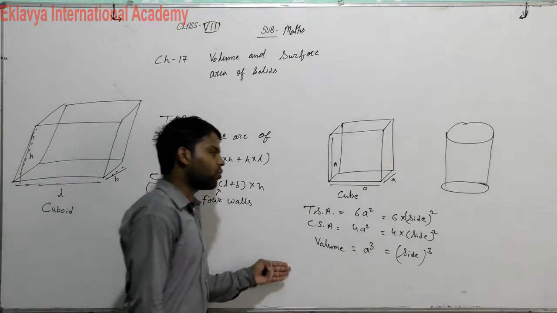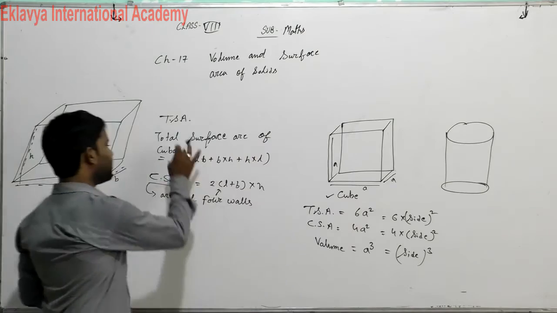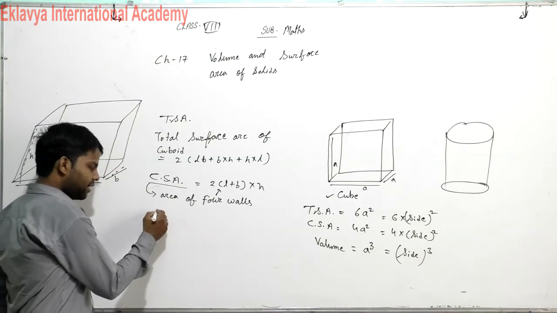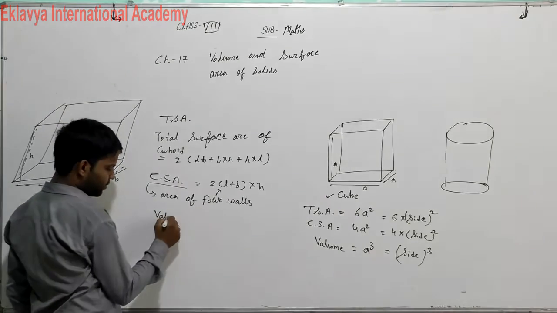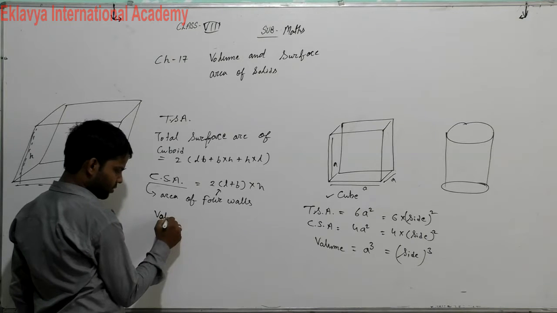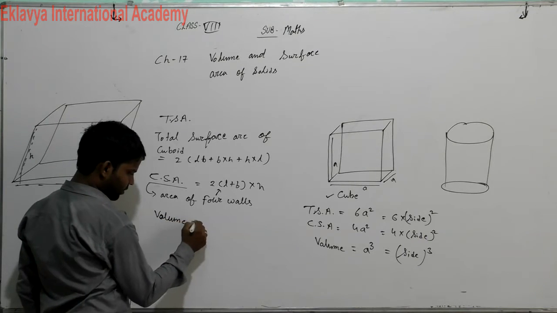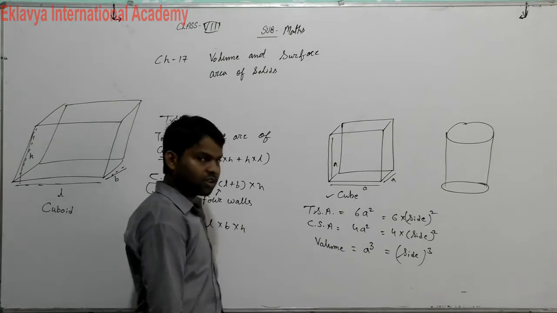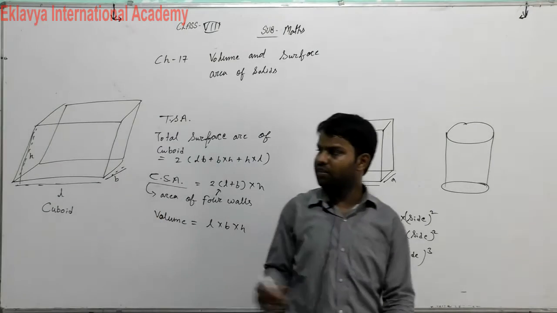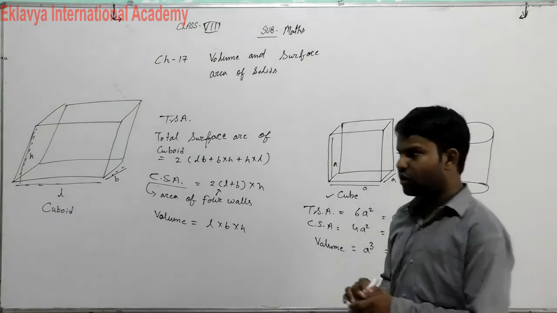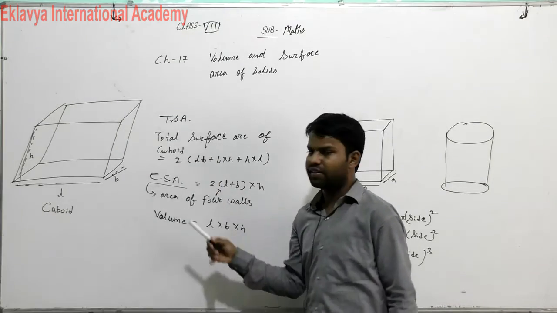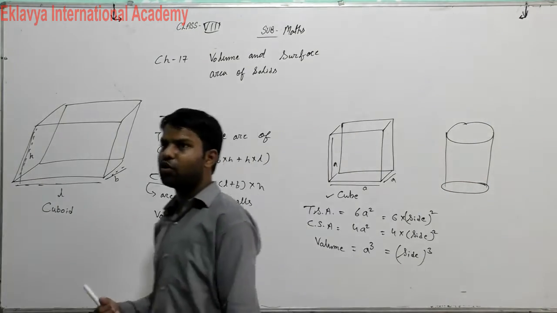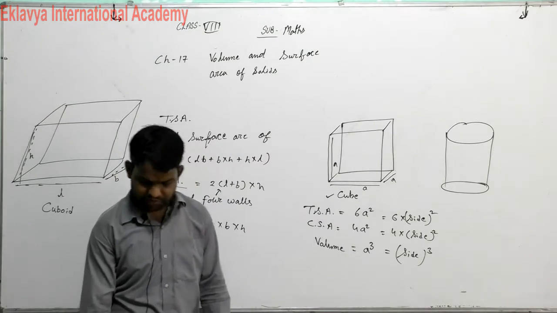Okay, so these are 3 formulas for the cube, and for the cuboid we have total surface area, cover surface area and volume. Volume of cuboid is L multiplied by B multiplied by H. So using these dimensions, for cube and cuboid, we can find TSA, CSA and volume.